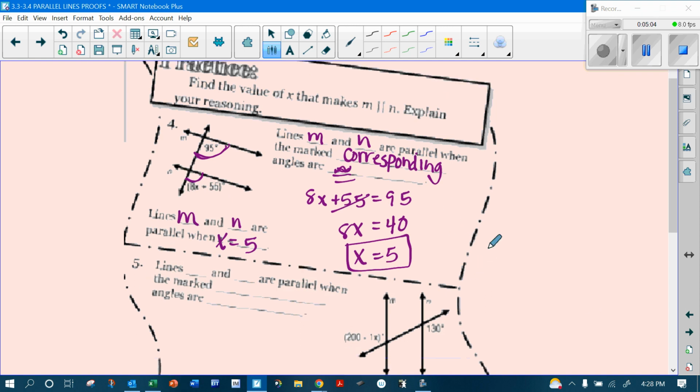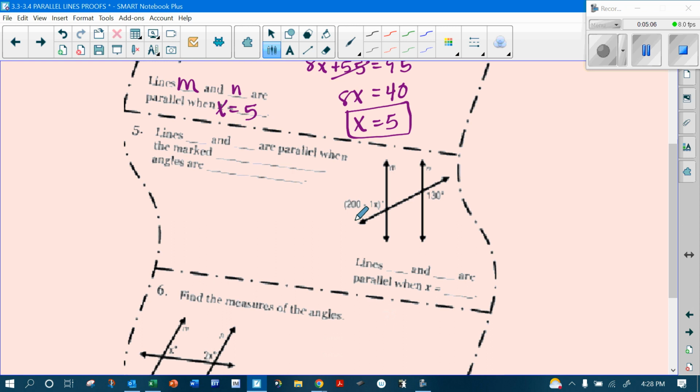It's no different. Okay, this time, first of all, this is my transversal, and these two are alternating, and they're outside. So lines M and N are parallel when the marked alternate exterior angles are congruent.